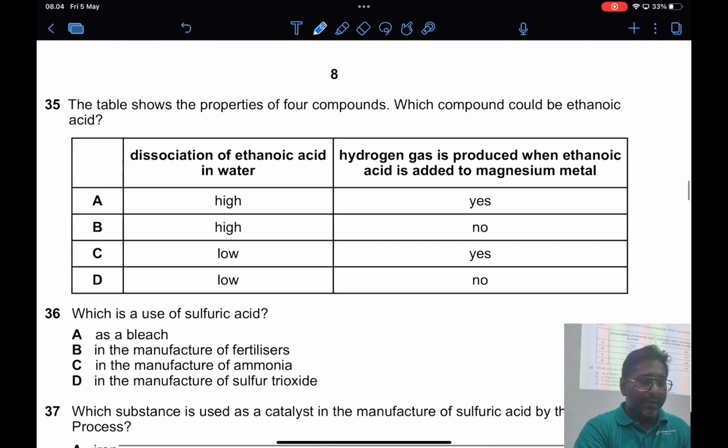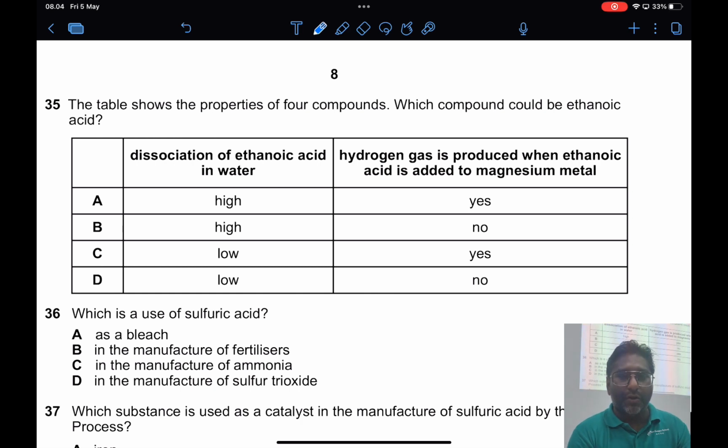Question 35. The table shows the properties of 4 compounds. Which compound could be ethanoic acid? Do remember, ethanoic acid is a weak acid, so the dissociation is partial. So is the dissociation of ethanoic acid in water high or low?